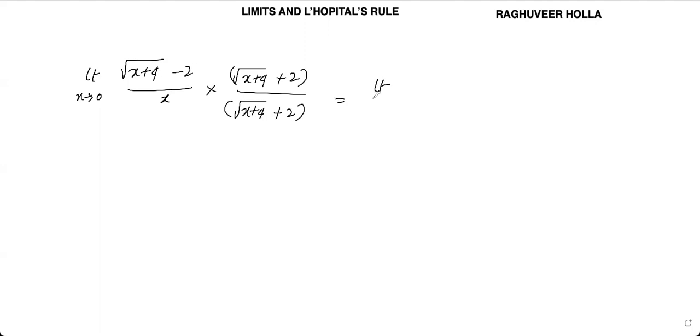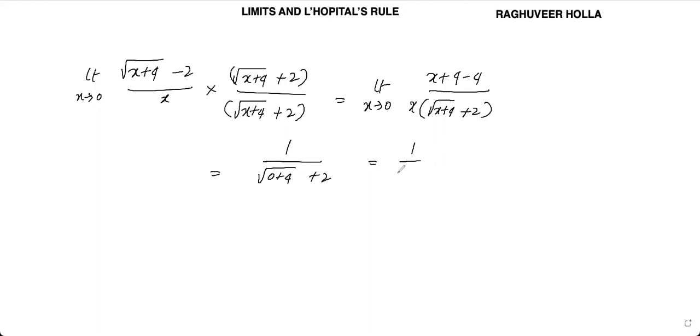So in the numerator, you get x plus 4 minus 4, divided by x into square root of x plus 4 plus 2. Now, you can cancel out x here and then substitute x as 0. So you get 1 divided by square root of 0 plus 4 plus 2, which is equal to 1 by 2 plus 2, which is 1 by 4.